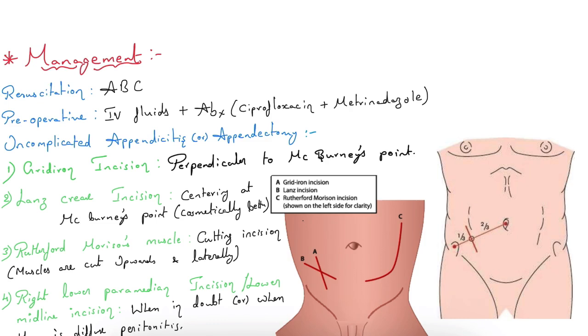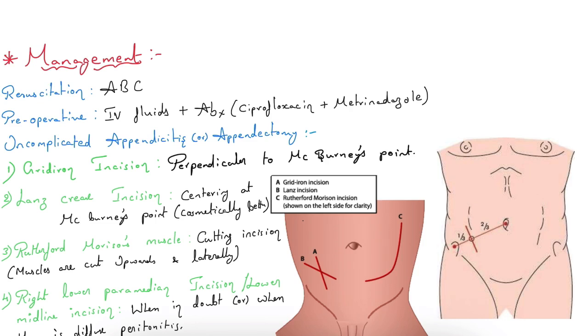We can see other symptoms like nausea, vomiting, loss of appetite, fever, constipation or diarrhea. The pain increases when the patient is walking or coughing, or if you press, the patient will feel more pain. For investigation, first physical examination, then some special tests, then blood tests and ultrasound or CT scan.